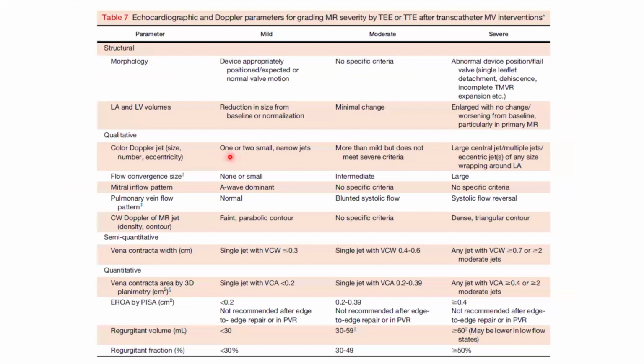So ultimately, with all types of assessments, they advocate for a multi-parametric assessment of regurgitation post-TEER, just like in native regurgitation, but there are a couple of differences, which I pointed out. One is that PISA and EROA are not really reliable afterwards. They don't necessarily recommend doing that, but using PISA more qualitatively. And certainly for regurgitant volume and fraction, instead of using PISA, you may want to consider using the volumetric method.